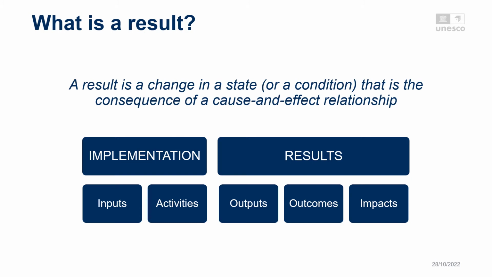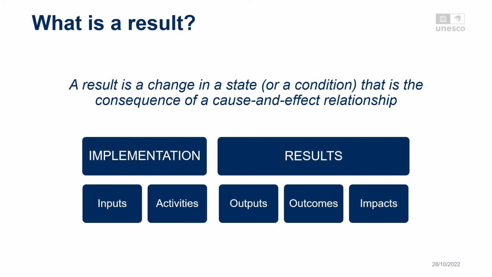A result is defined as a change in a state or a condition that is the consequence of a cause and effect relationship. An intervention, the cause, leads to change in a state, the effect. For example, by providing an intervention, such as a course, you can lead to a result, like a change in knowledge levels.